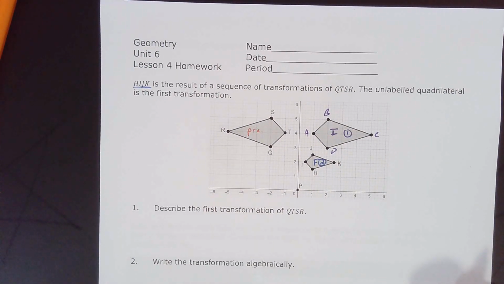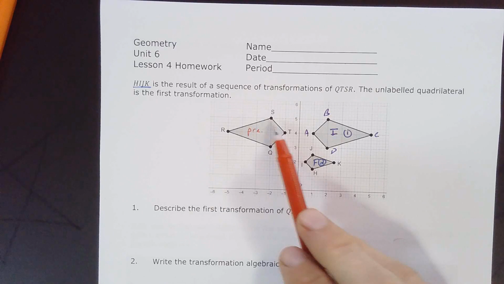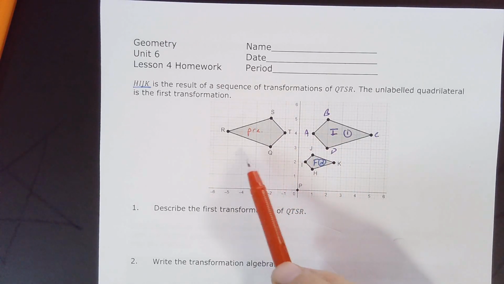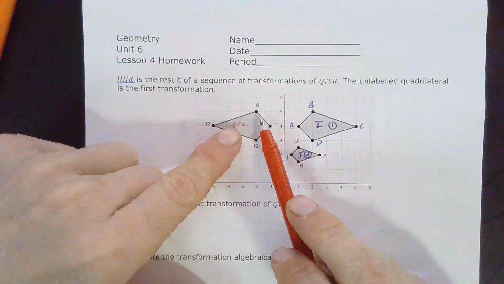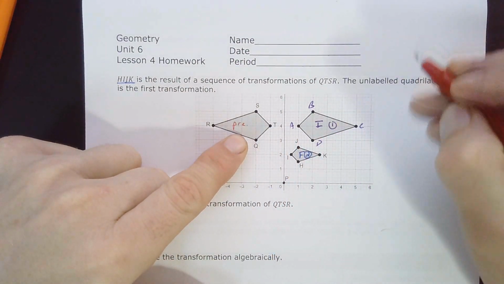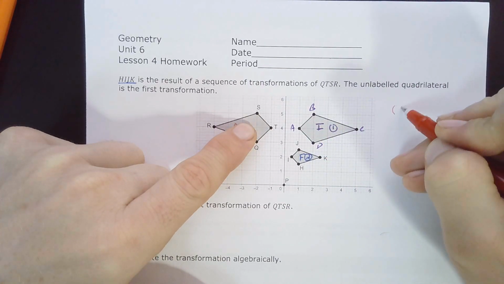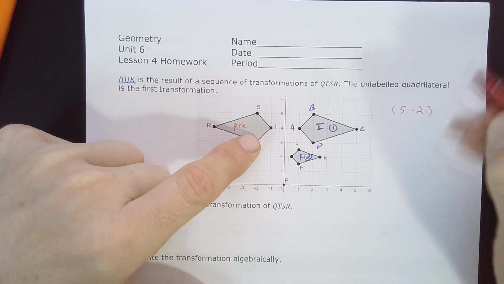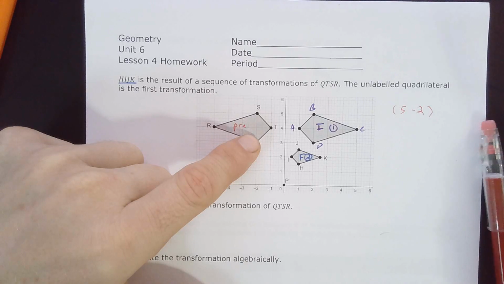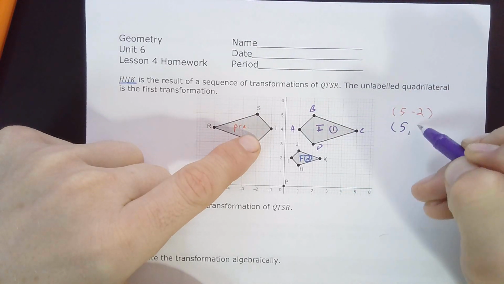In my initial image, I'm going to pick 2 points that don't have the same absolute value. So I'll pick S and B. S is before my transformation, so it's 5 and -2. And then B is after my transformation, which is 5 and 2.